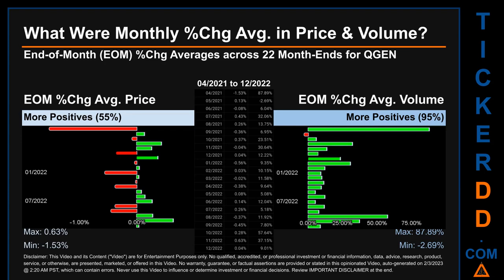That is 95% of month ends saw a positive percentage change in average volume. Price saw an end-of-month max of 0.63% in average percentage change along with a minimum of minus 1.53%. For volume, the maximum and the minimum monthly percentage change were respectively 87.89% and minus 2.69%.